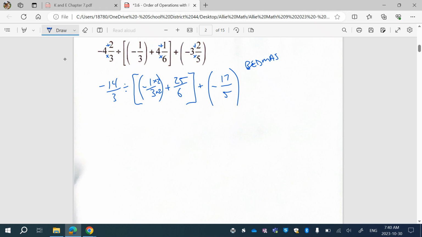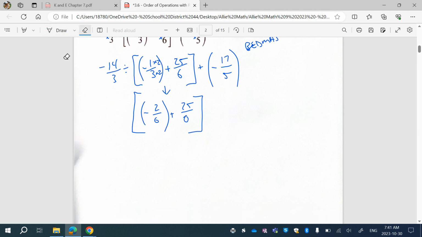So I'm just going to rewrite this part right here. So we would end up with, okay, I'll show it, negative 2 over 6 plus 25 over 6. That's 6.